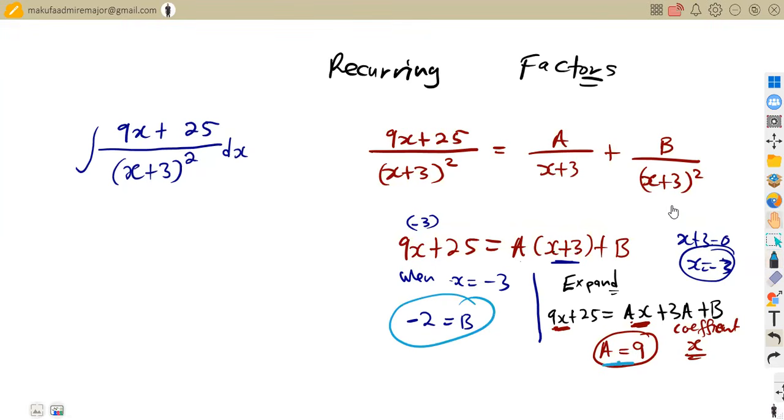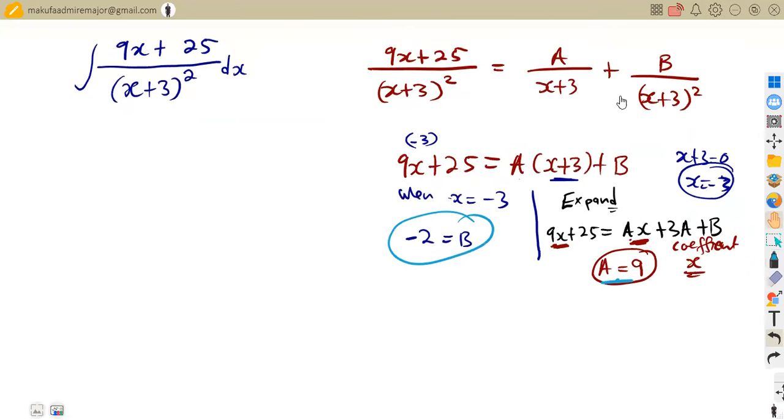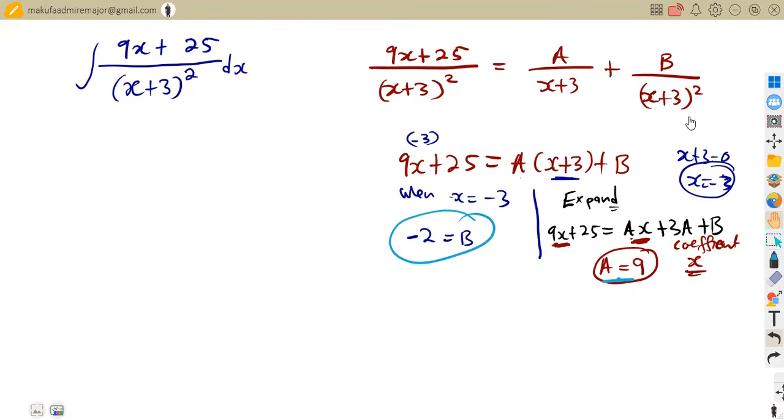So we can substitute back into our part here that we have A over this, or we can just substitute direct to our integral. So at the end, this was going to give us the integral of A over x plus 3, of which our A there is 9. So it was going to be 9 over x plus 3 plus B. Our B is -2.